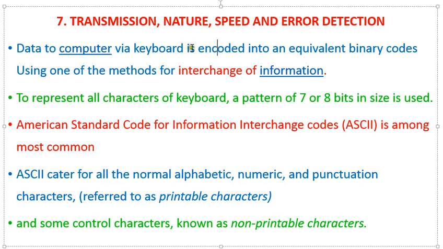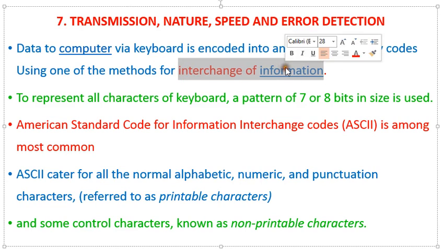And how do we do that? We use the method we call interchange of information. That is how to change from our human readable data into computer readable data in binary zeros and ones. And of course, there are different ways of doing that encoding.